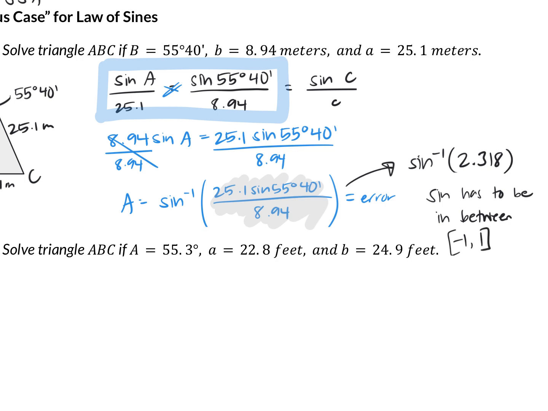So since 2.318 is bigger than 1, I cannot take the sine inverse of that. There is no angle that's going to give me a value of 2.318 when I take the sine of that angle. Okay? So this triangle is not possible. So there's no possible solutions for this triangle.